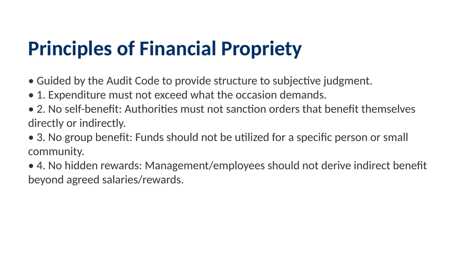Third, funds must not be used to benefit a specific person or a small group of people. And fourth, apart from the agreed upon salary or rewards, there should be no hidden avenues for management or employees to benefit indirectly.